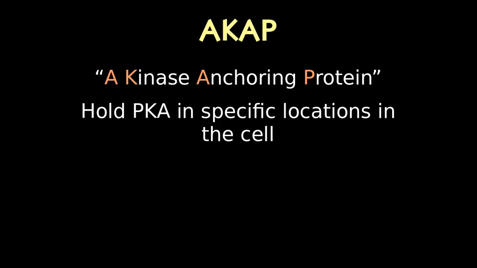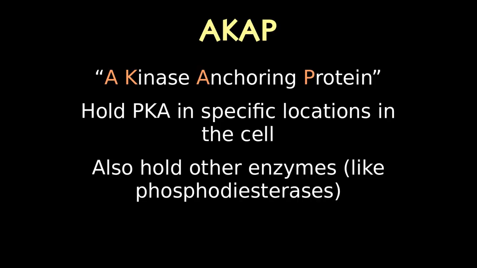If you remember back when we were talking about how we can regulate enzymes, one of the major ways that we can regulate how an enzyme functions is holding it in some specific location in a cell where it's going to be close to things that it needs to react with, close to other enzymes in some sort of chain. This allows an efficient use of going from the product of one enzyme to become the substrate of the next enzyme, and so on down the line.